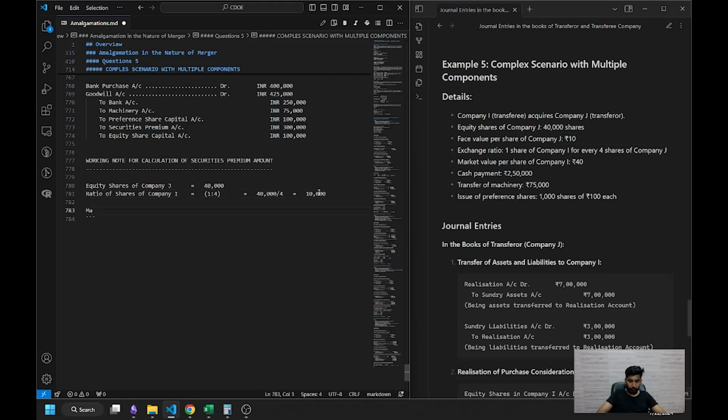Market value is rupees 40 and face value is rupees 10. That means the premium value is rupees 30.